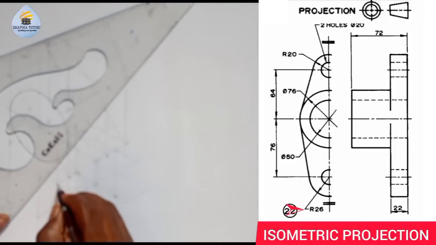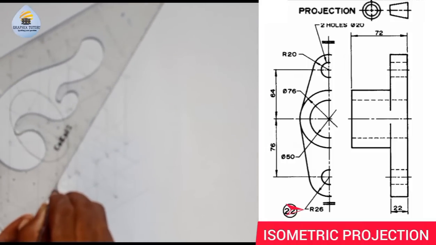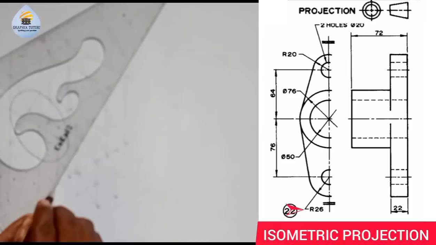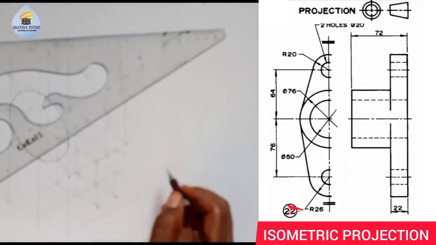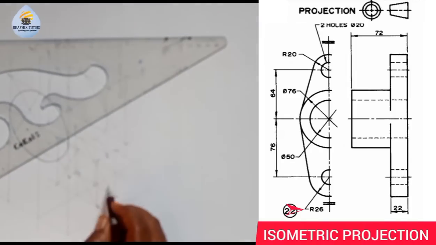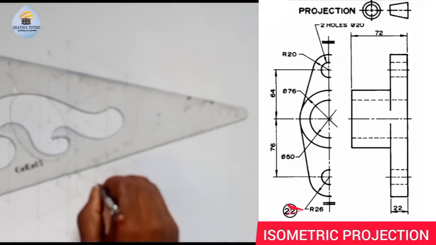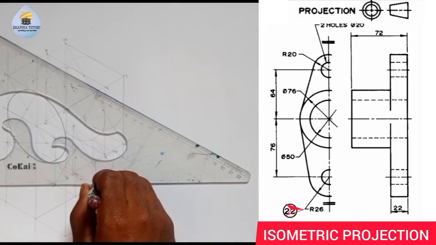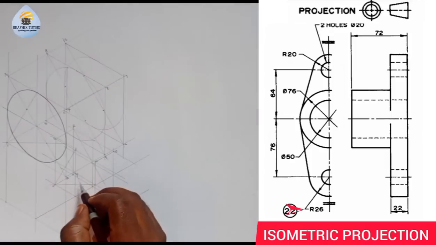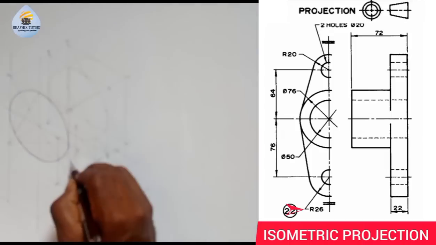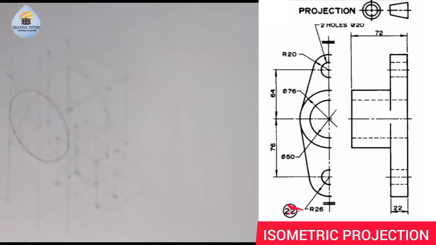Just draw a line from A that will touch this here. Draw a line from A that's going to touch through here too. So this is where they are meeting. So I'll bring out an arc, right? The arc is external.